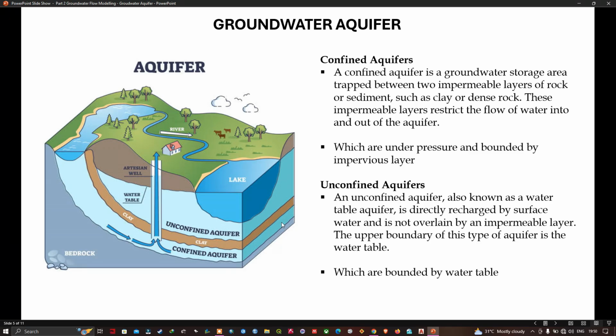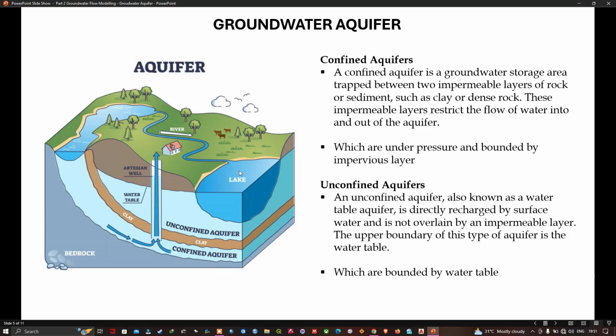And similarly, what is an unconfined aquifer? An unconfined aquifer, also known as the water table aquifer, is directly recharged by the surface water and is not overlain by any impermeable layer. The upper boundary of this type of aquifer is called the water table. For example, this section of the area is represented as the unconfined aquifer, and it gets directly recharged by the river as well as the lake system here.